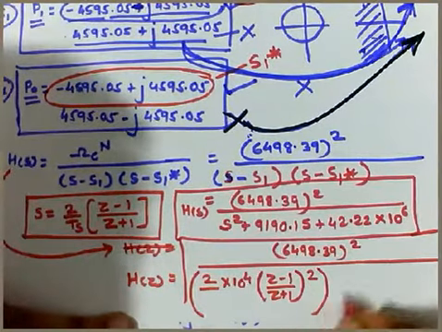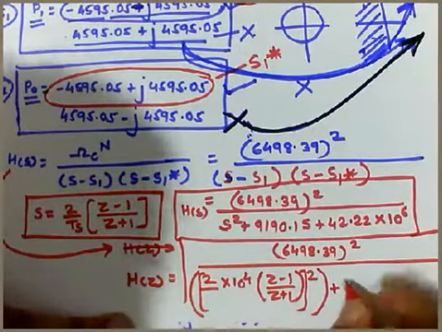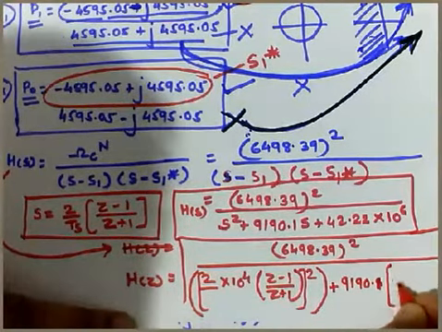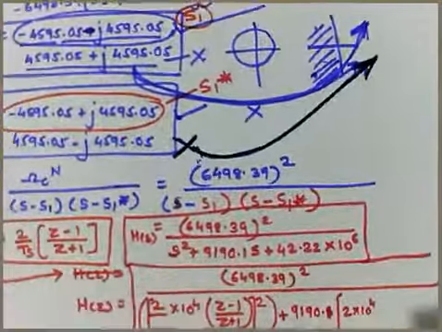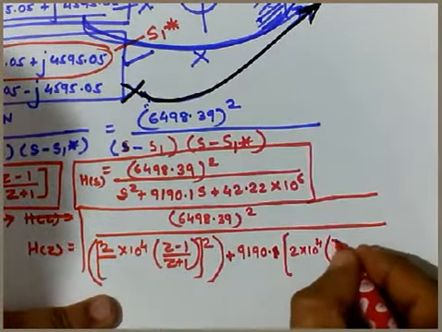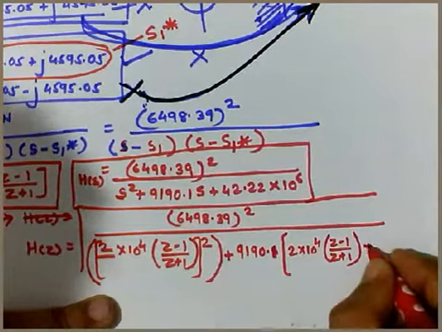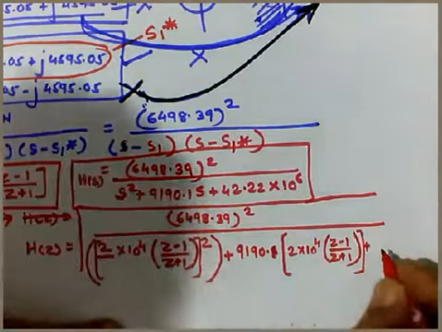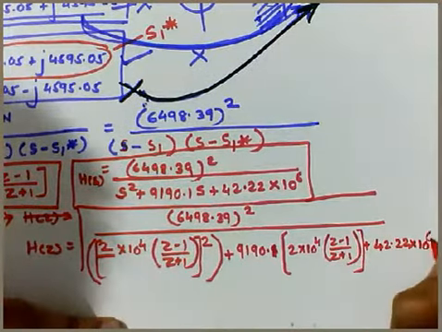This is how S square is completed, plus 9190.1 into again 2 into 10 raised to 4, into Z minus 1 by Z plus 1, this is S, plus this entire term, the next term will be as it is, 42.22 into 10 raised to 6.